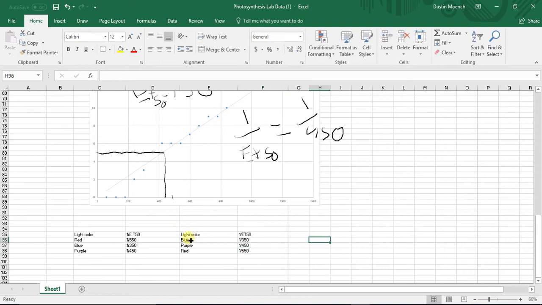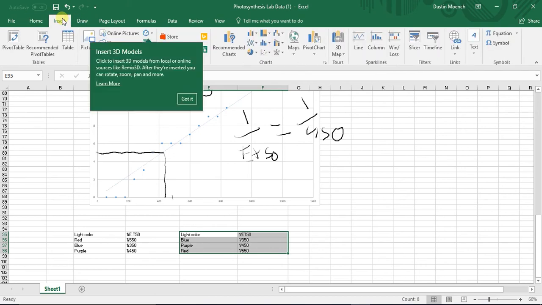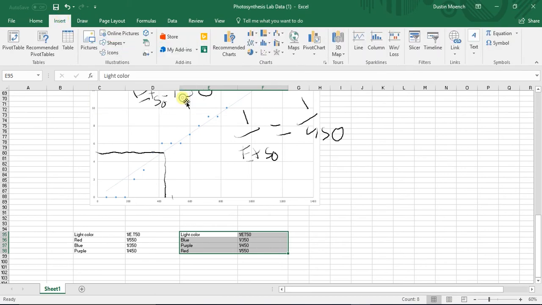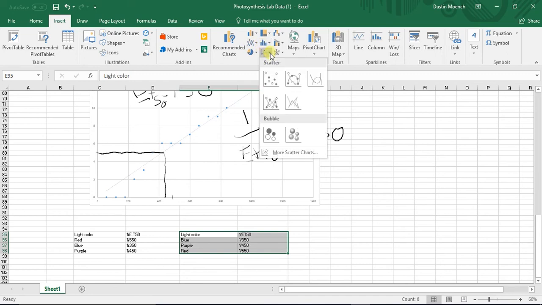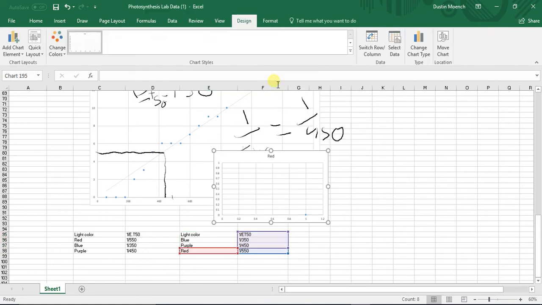And now I'm going to make my graph of this. So in Excel, I'm just going to highlight that, insert, and I'm going to make my scatter plot here. Oh, I see what I did wrong.